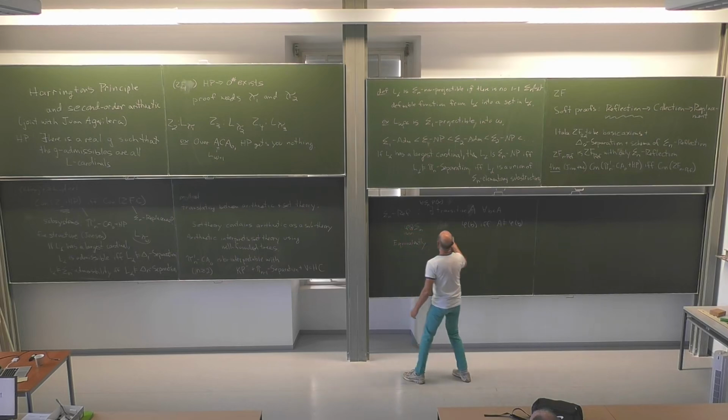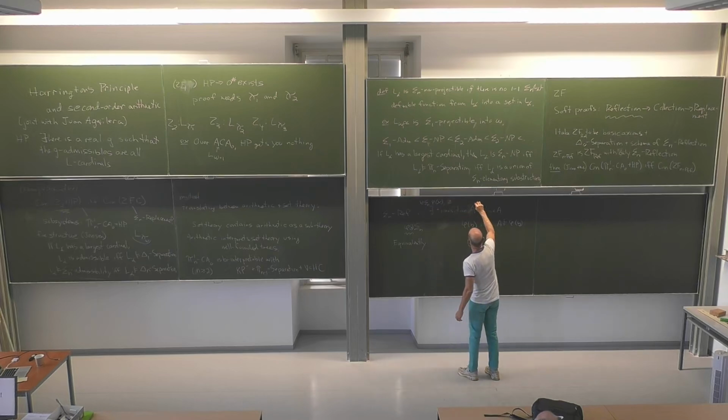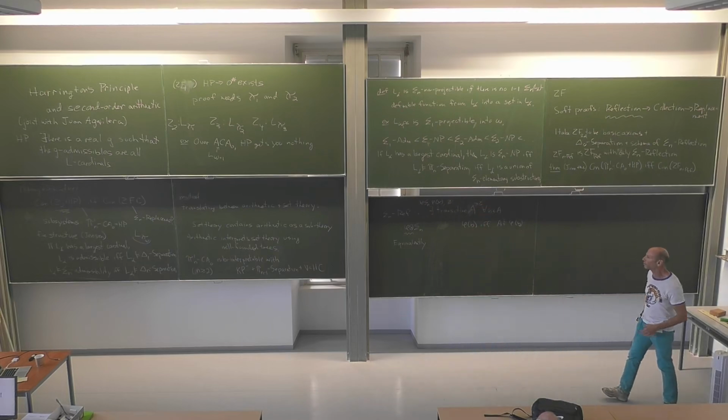Equivalently, I should say for every formula and for every Z, there's a transitive set containing Z. So there are unboundedly many such things.